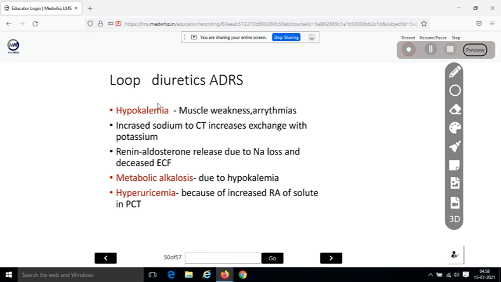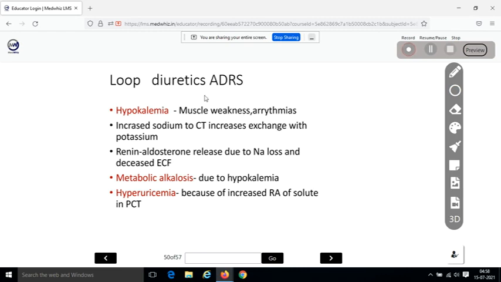Loop diuretics increase delivery of sodium chloride to the collecting duct and thus enhance the renal secretion of potassium and hydrogen, causing hypokalemic metabolic alkalosis. This toxicity is a function of the magnitude of diuretic effect and can be reversed by potassium replacement.